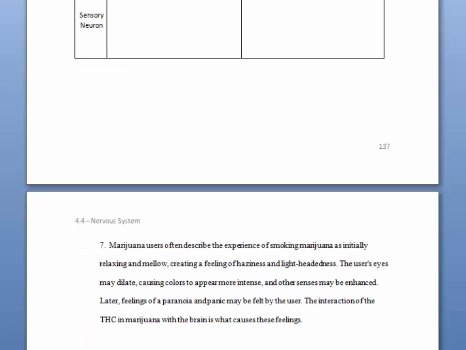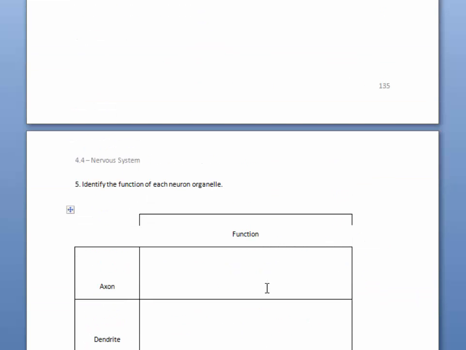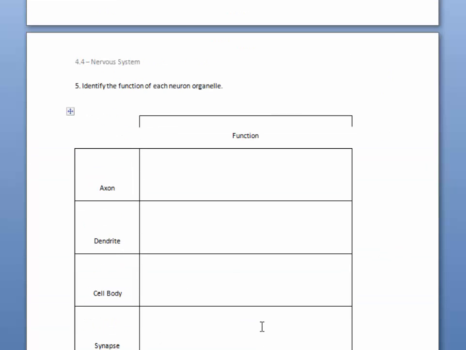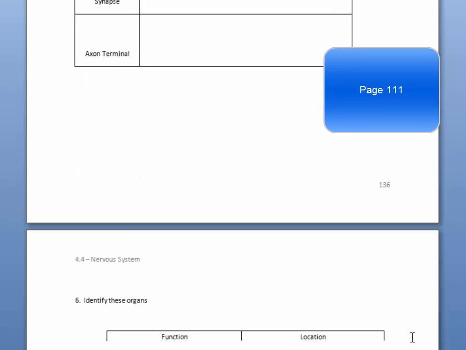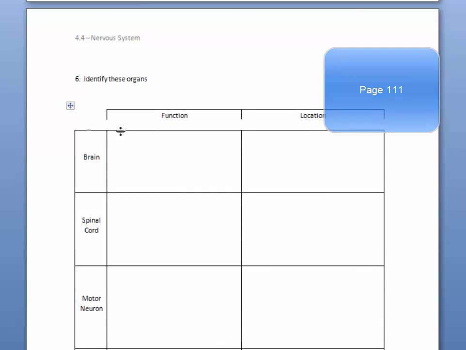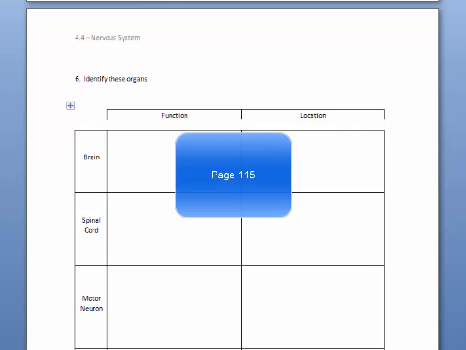And the last part of the quiz, 5 and 6, you fill out this chart, identifying each part of a neuron. That's on page 111. And this chart, identifying some organs of the nervous system, is on page 115.